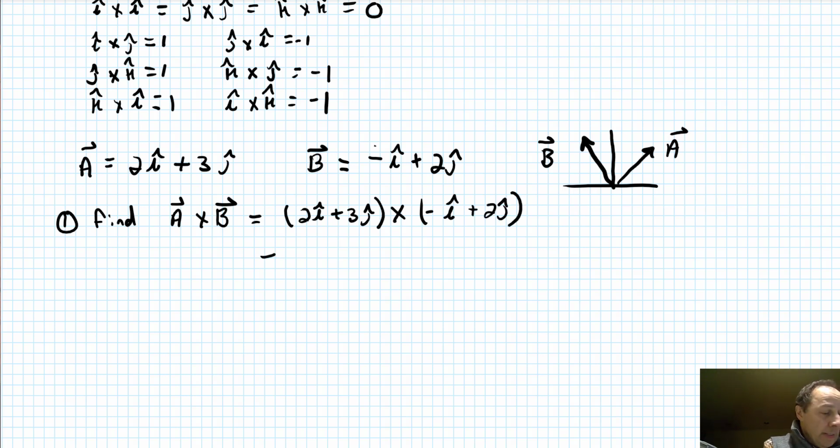Okay, so first thing we're going to do is take this 2i and multiply by this minus i, and that would give us a 0.